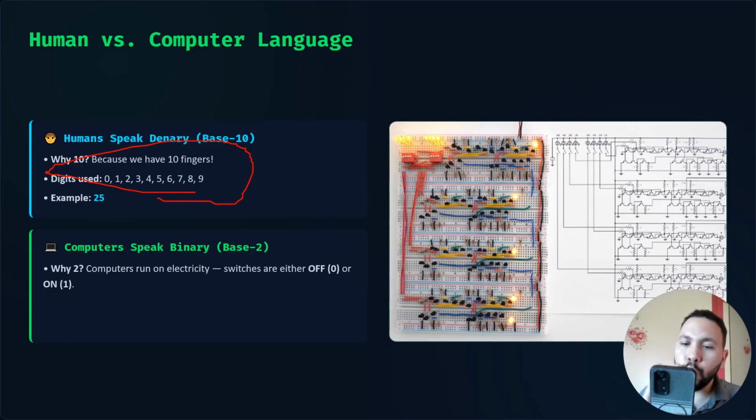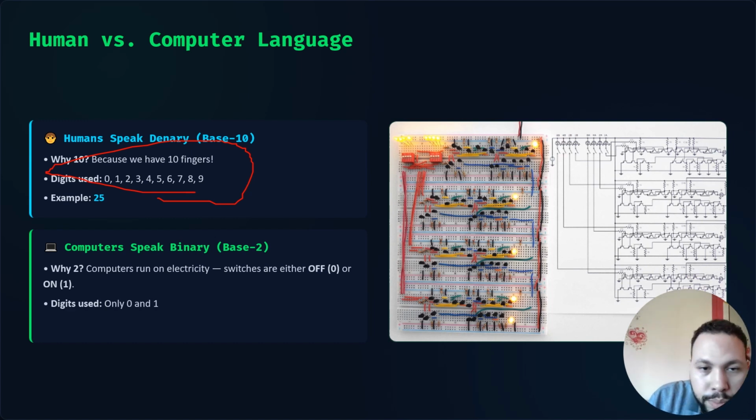Whether it's on or off, on or off. So the computer runs on electricity, switches are either off, that means 0, or on, that means 1. So the digits used are only 0 and 1.